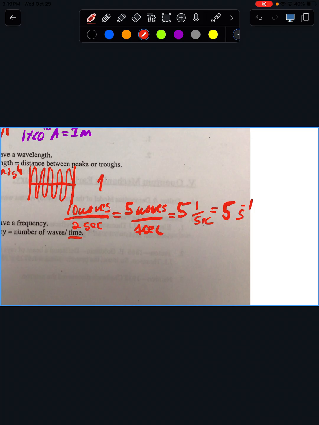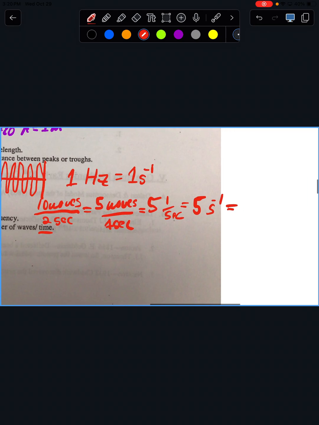And then, last but not least, 1 hertz is 1 reciprocal second. So I could put this then into hertz, 5 hertz. So all of these mean the same thing: 5 waves per second, 5 1 over seconds, 5 inverse seconds, or 5 hertz.